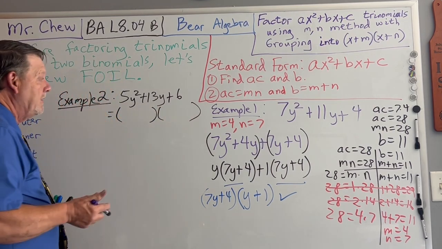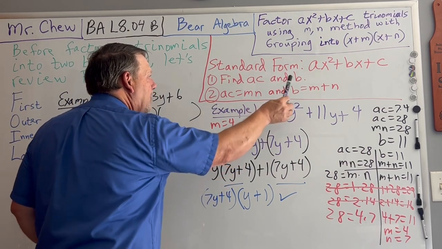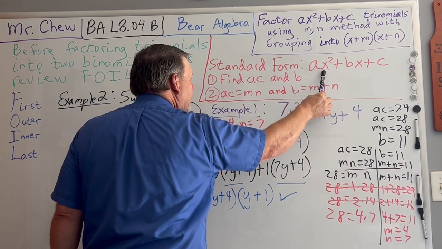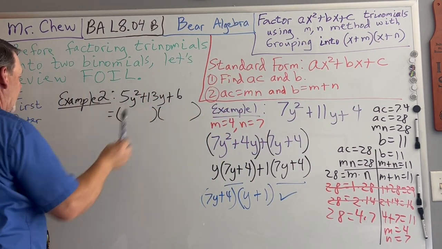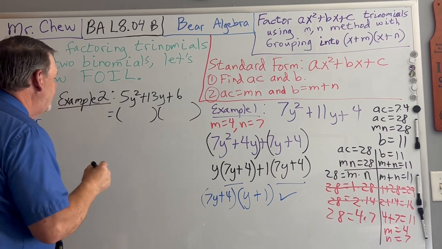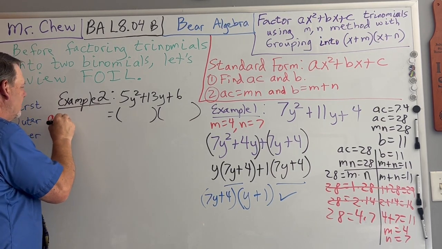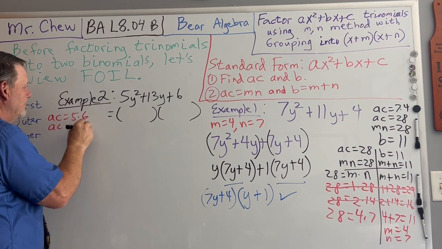And pretty much the only thing you can do is find your AC. And remember, that's the number in front of the square term times the constant. So that's 5 times 6. So I know that AC is 5 times 6. So AC is 30.